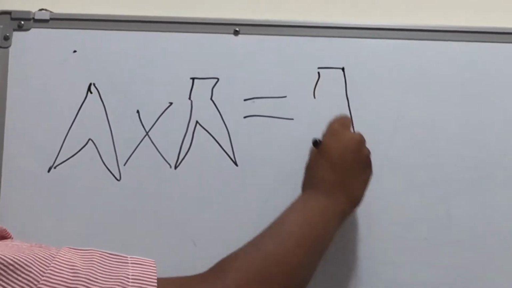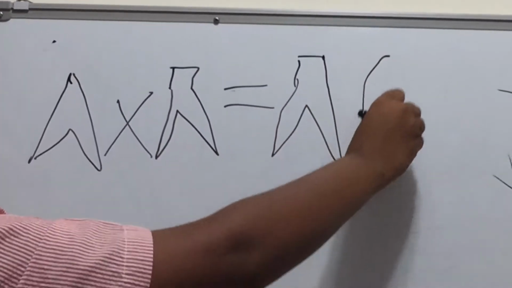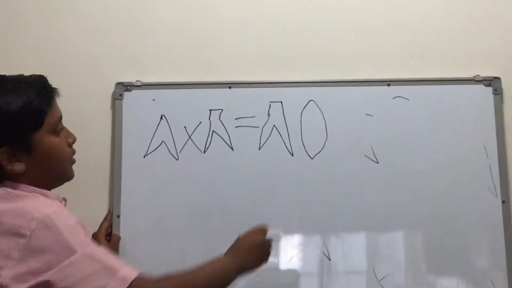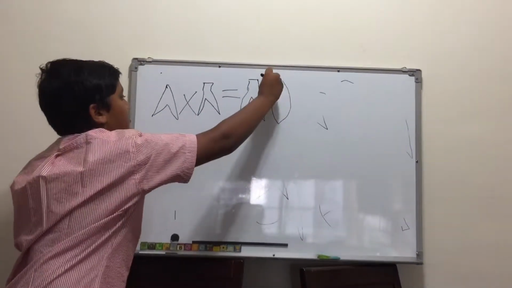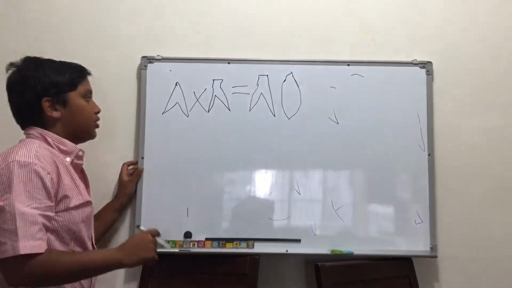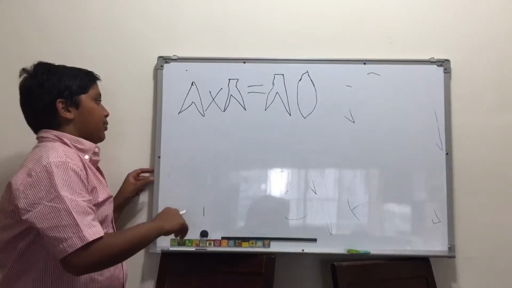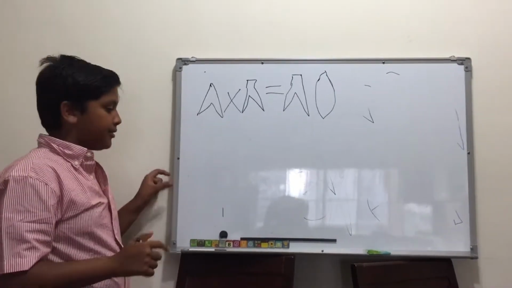Which you write like this, and then the 0. So you need to be very careful in this as well, to write the 1 at the right position.